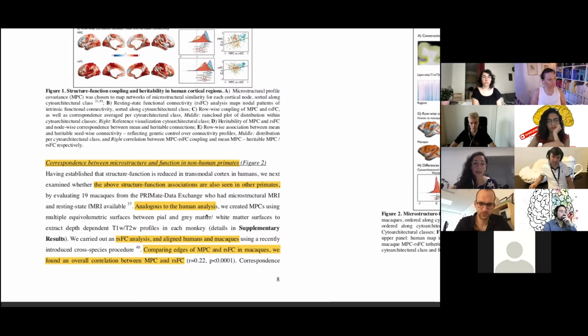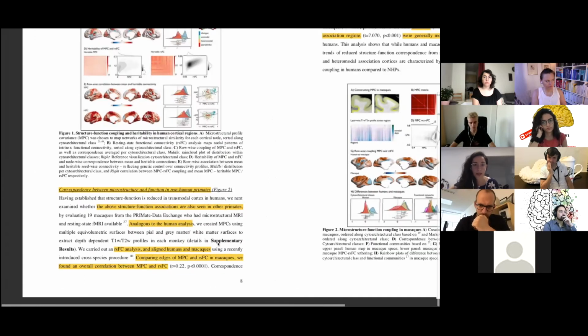And then they carried out the functional analysis and aligned the functional analysis for humans and macaques.